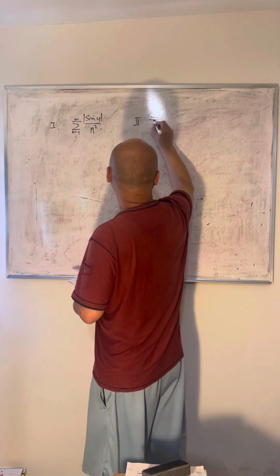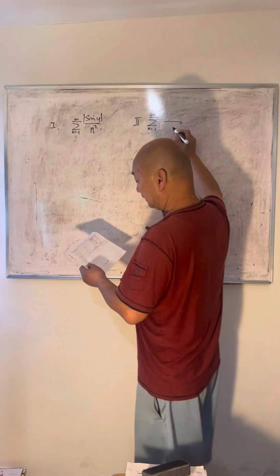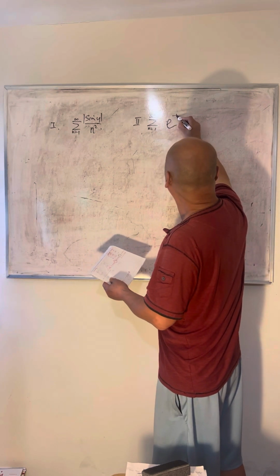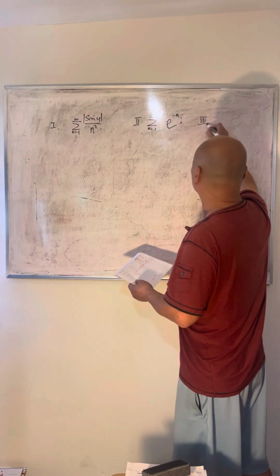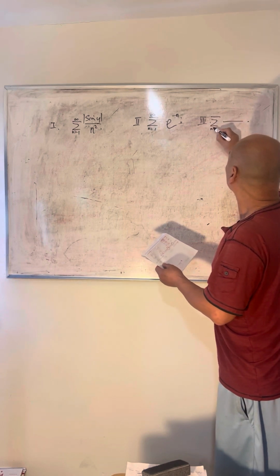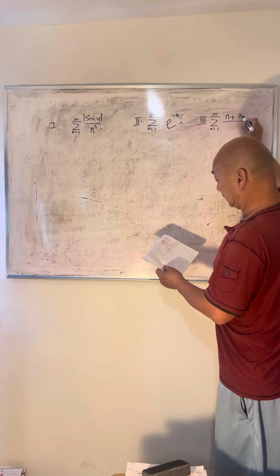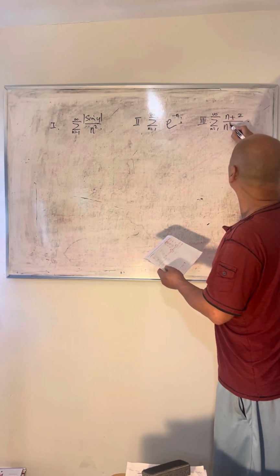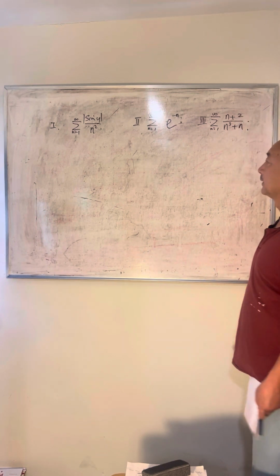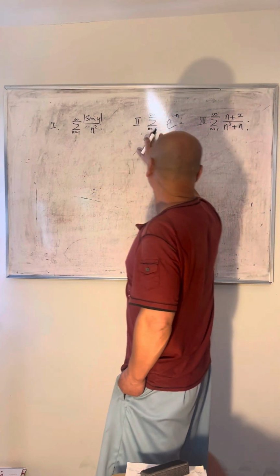Second, the summation from 1 to infinity of e to the negative nth power. Third, n plus 2 over n cubed.